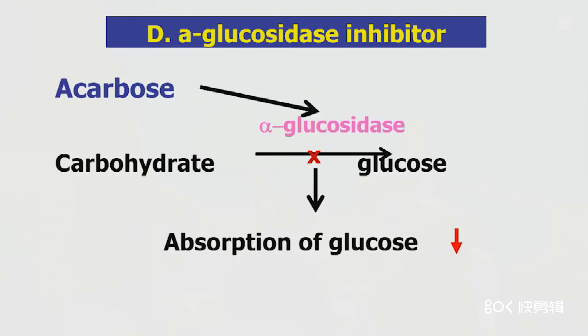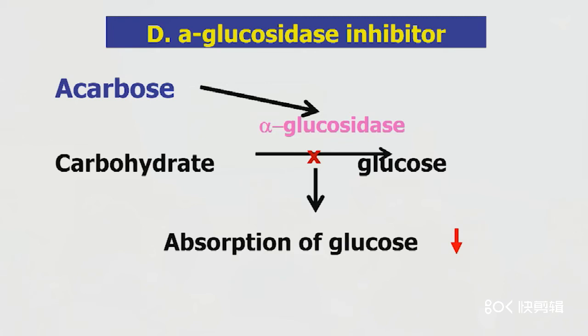Alpha-glucosidase inhibitor mainly inhibits alpha-glucosidase, so inhibits glucose absorption. And the drug is acarbose. And the drug is safe, and the adverse action is mild.